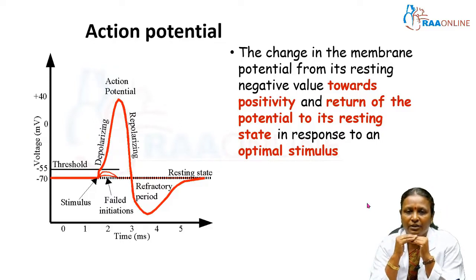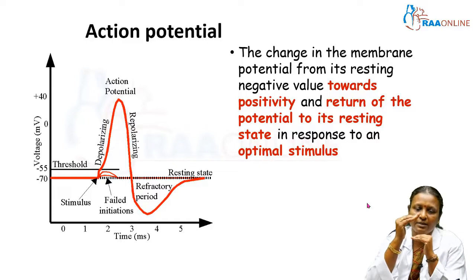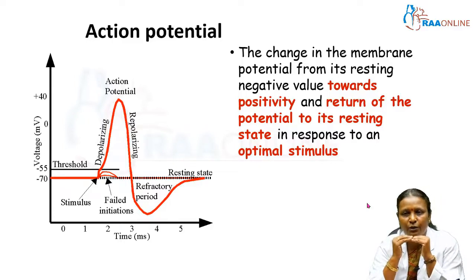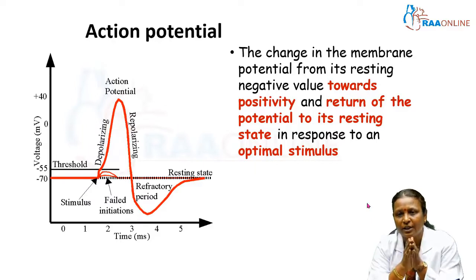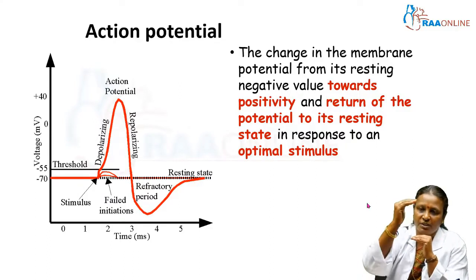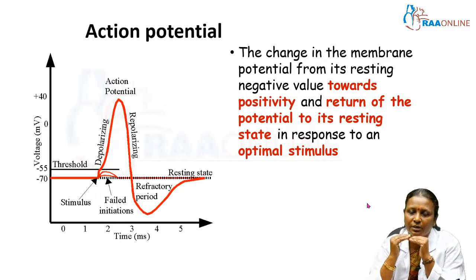So, action potential is change in the membrane potential from the resting negative value towards positivity, that is depolarization, and return of the potential to the resting state, that is repolarization.